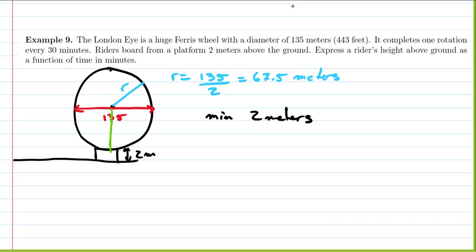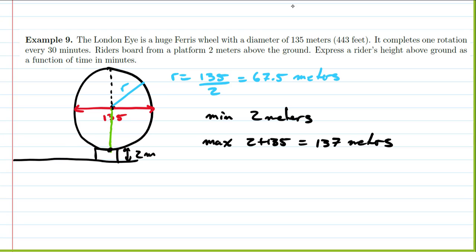Well, that would be when they're straight up. And if the radius is 67.5 meters, and the diameter is 135, what's the max going to be? Well, if this is 2, and the distance all the way across the circle is 135, the max is going to be 2 plus 135, which is 137 meters.